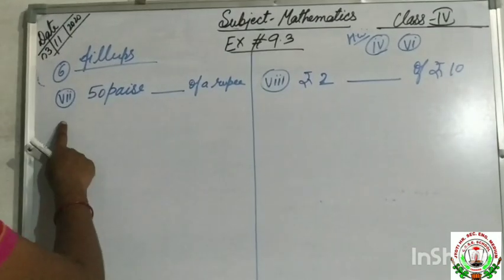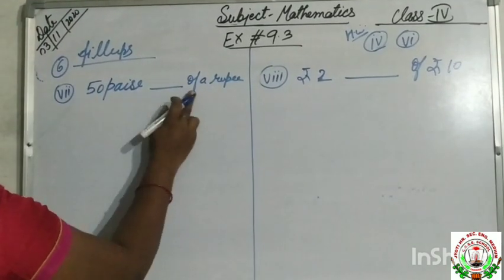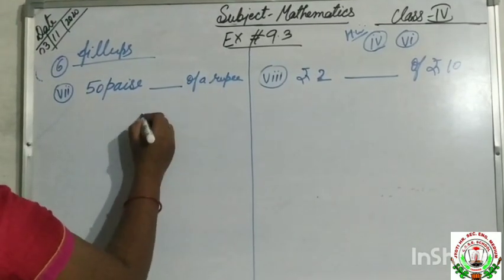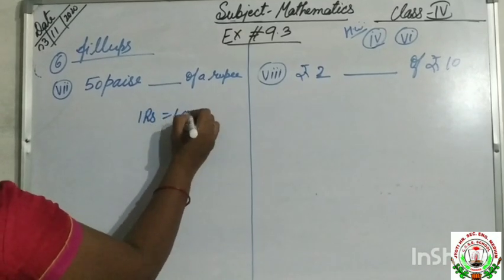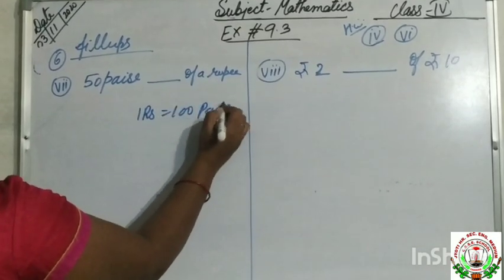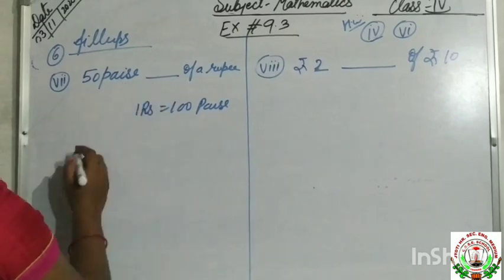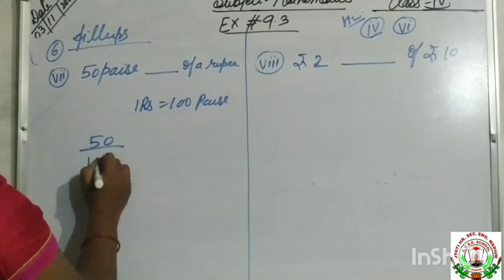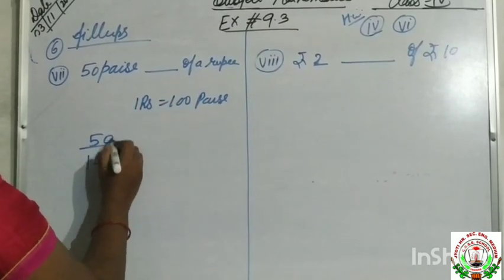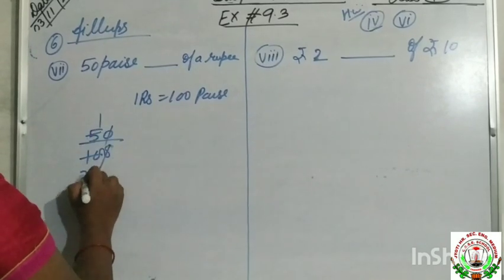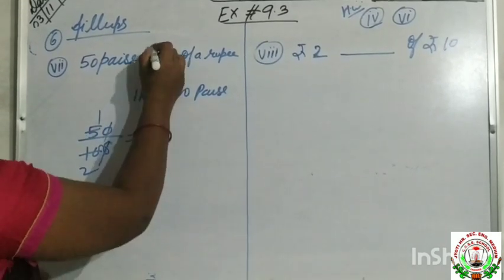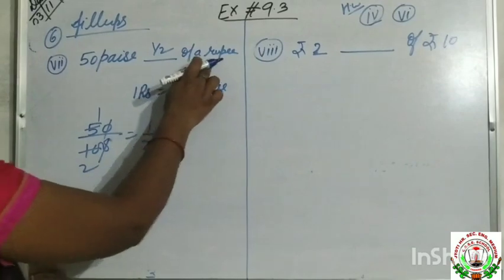Now question number 7 is 50 paise of a rupee. 1 rupee is equal to 100 paise. So what is the fraction of 50 paise in 1 rupee? That means 50 by 100. The zeros cancel, 5 ones are 5, 5 twos are 10. So 50 paise means half of a rupee.